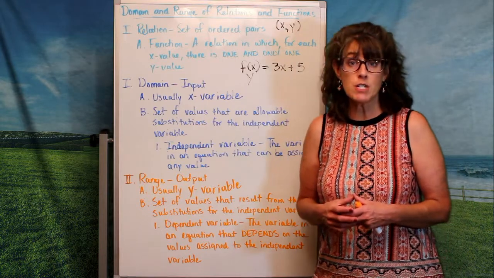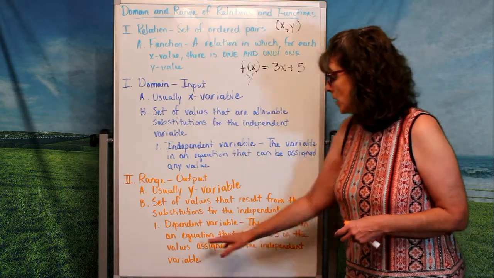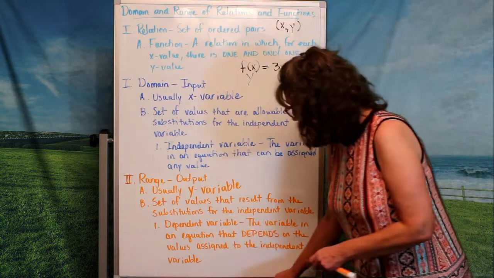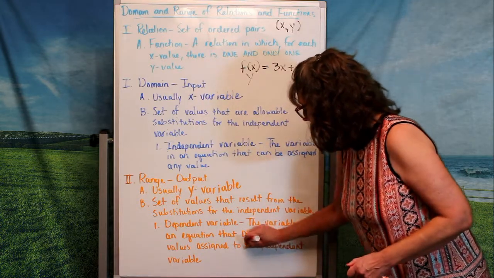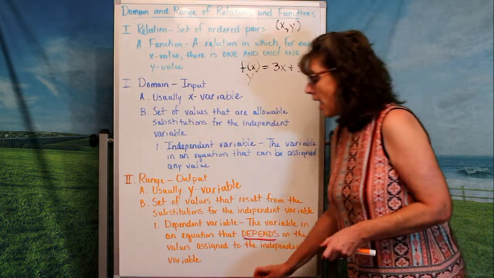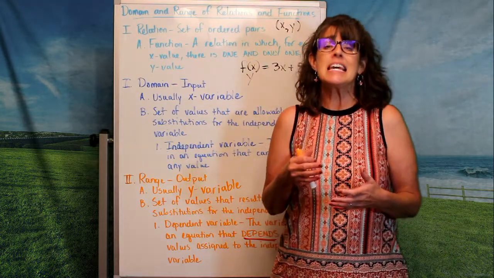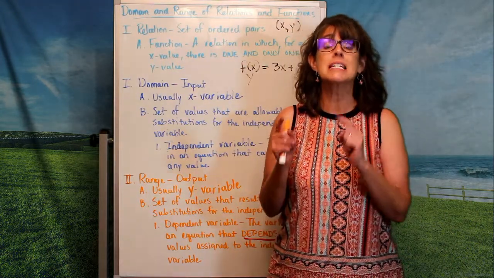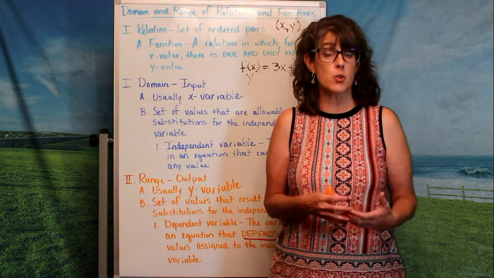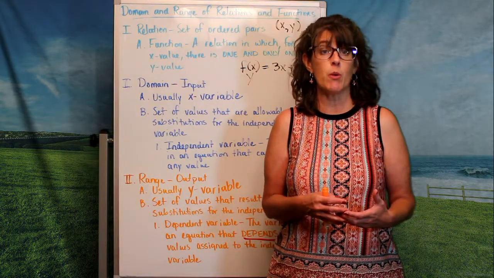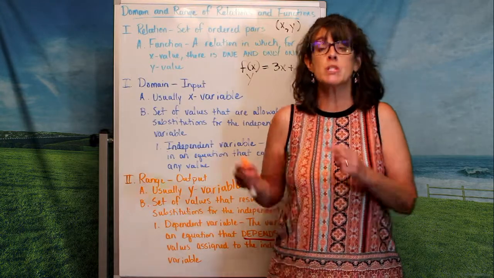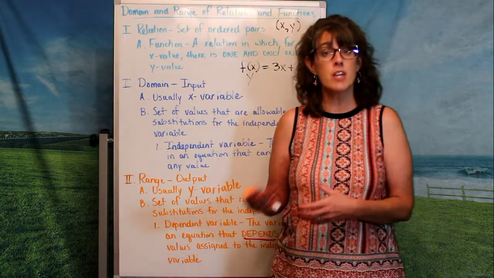The definition of a dependent variable is it's the variable in an equation that depends on, there's your key right there, depends on the values that are assigned to that independent variable. And folks, it is much easier to identify your dependent variable than it is to identify your independent variable. The dependent variable depends on the other one.